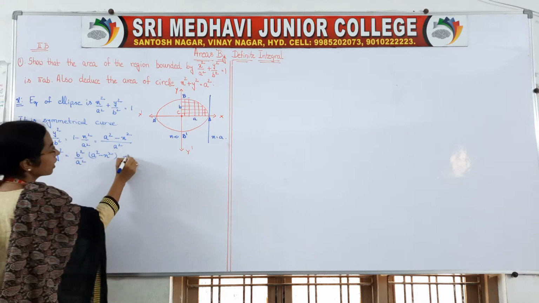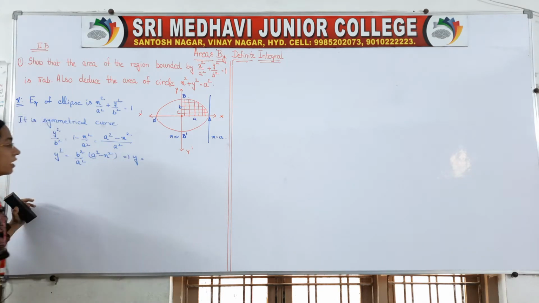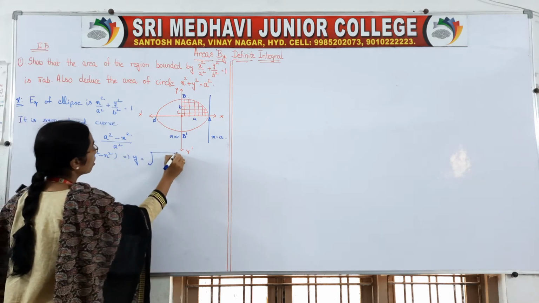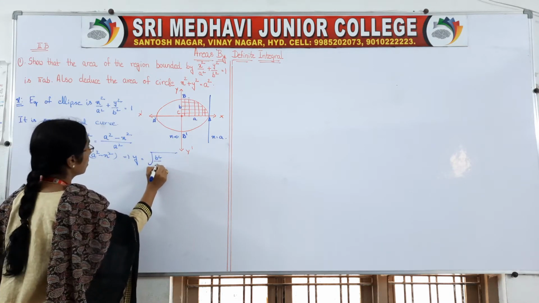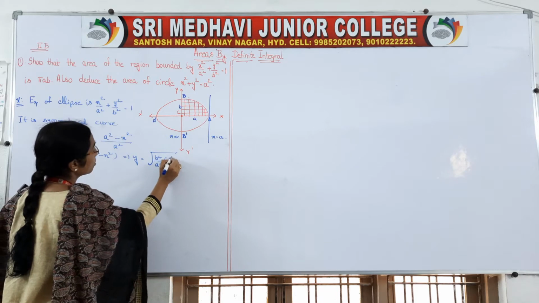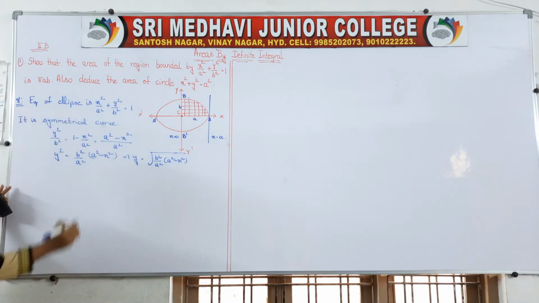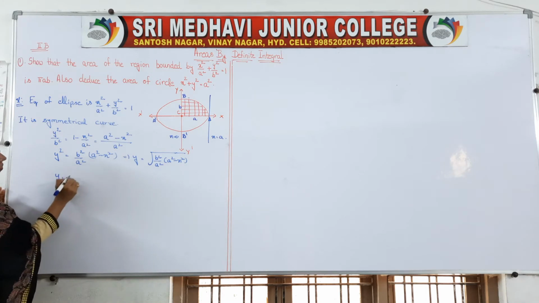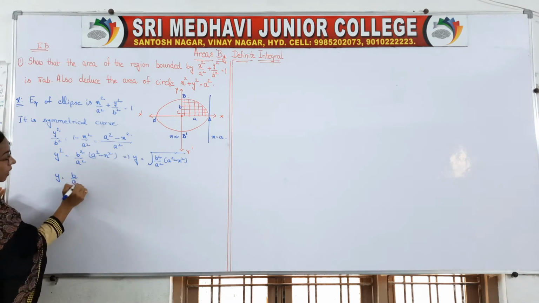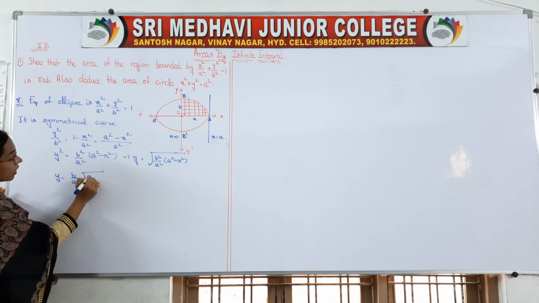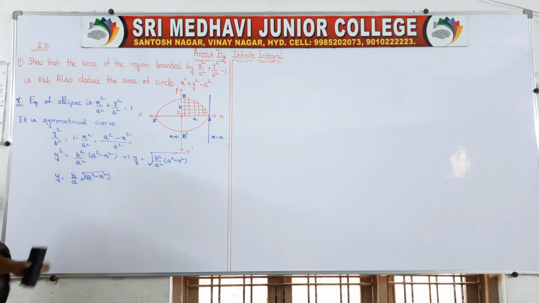So we have to find the y value. Y is equal to root of b square by a square into a square minus x square. So what is your y value? Y is equal to b by a root of a square minus x square.